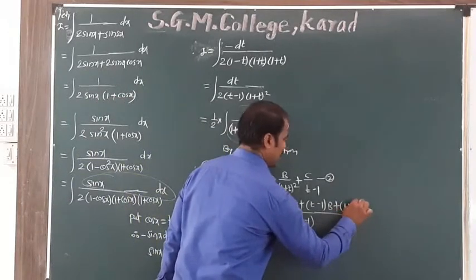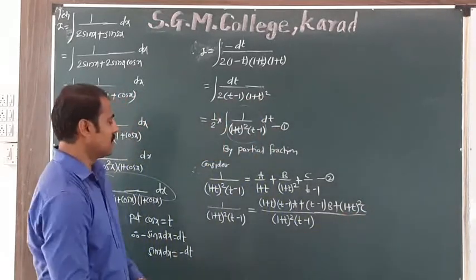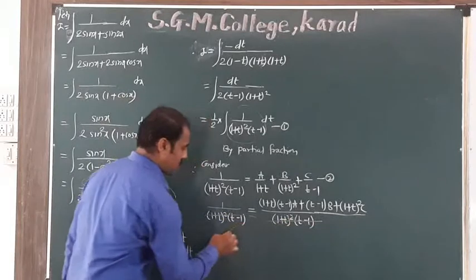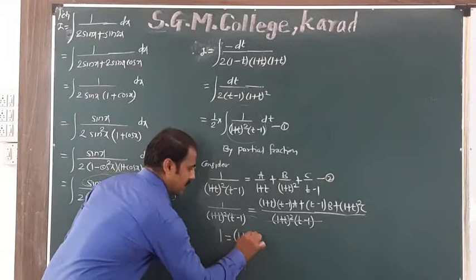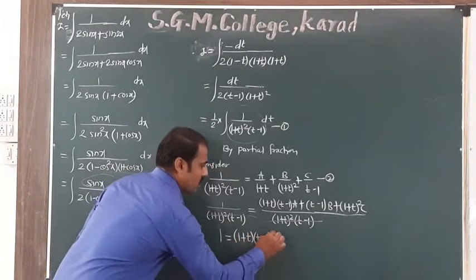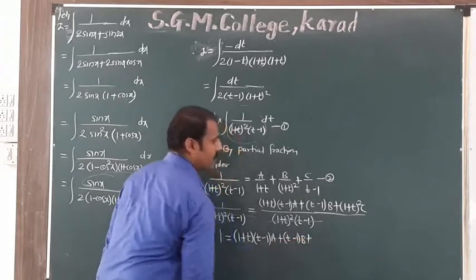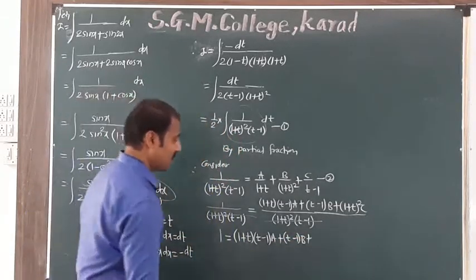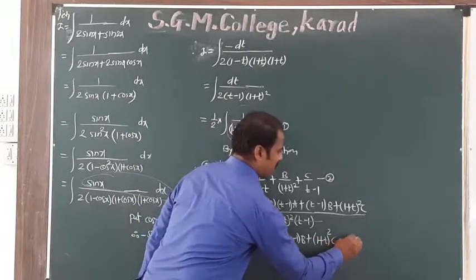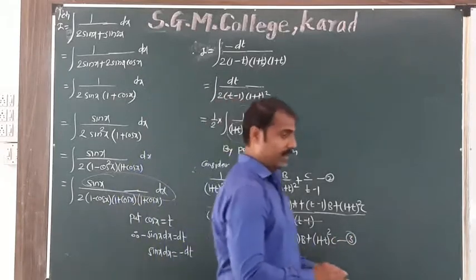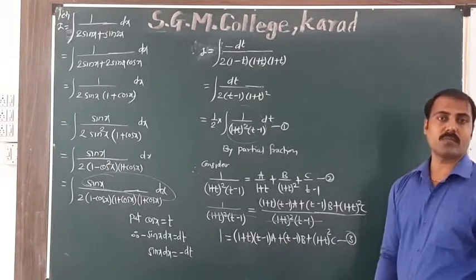Cancelling the denominator on both sides, we write 1 is equal to (1 plus t) into (t minus 1) into a, plus (t minus 1) into b, plus (1 plus t) square into c. It's equation number third.